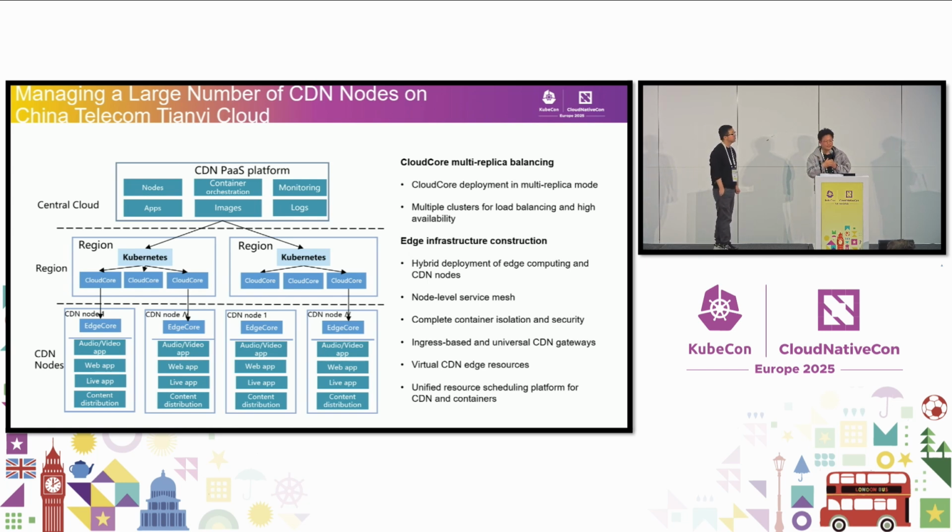So KubeEdge can help provide a more efficient solution by using some AI models. We can do the prediction of the traffic, so we can ensure that only the necessary content will be fetched from the cloud.